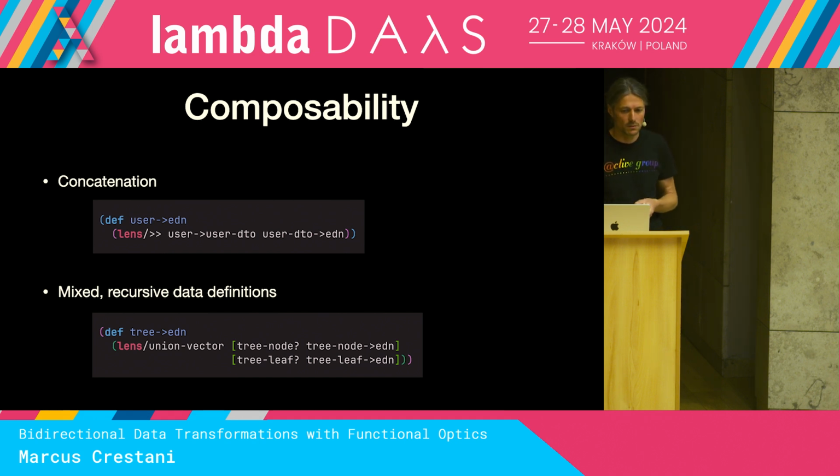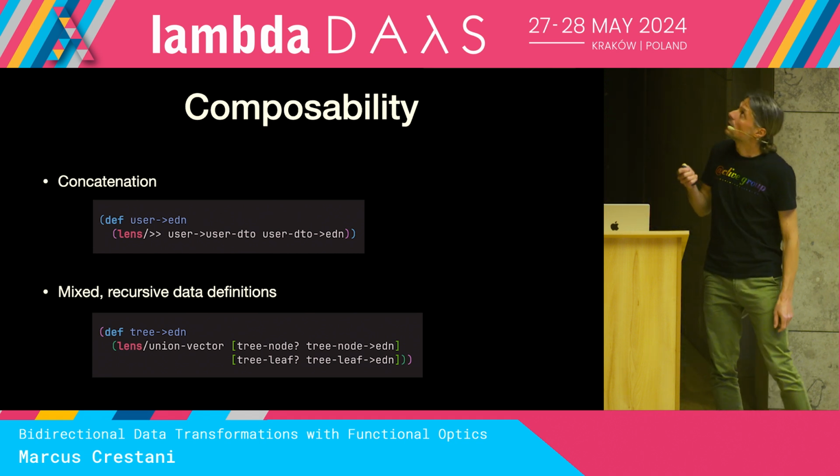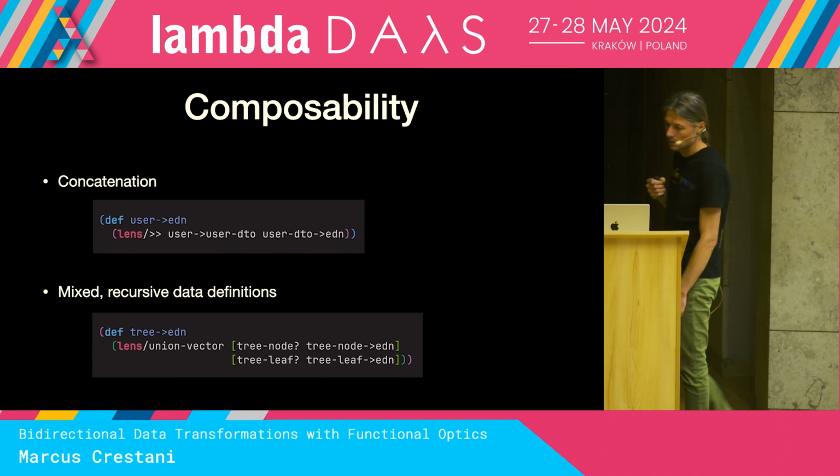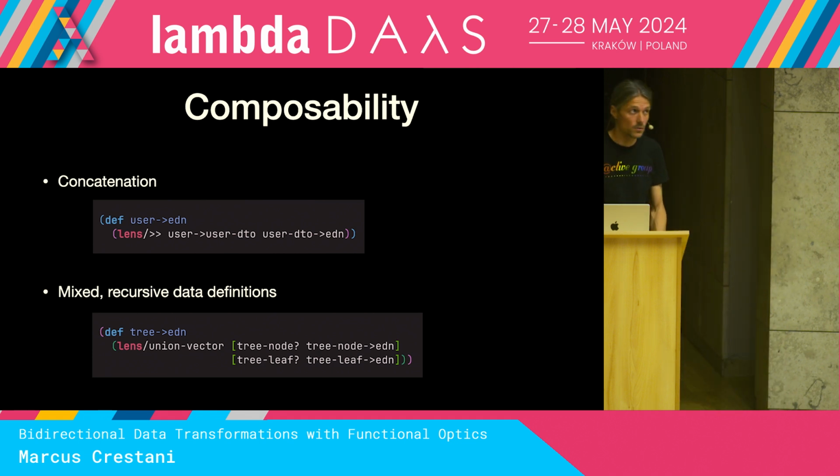Trees that consist of tree nodes and tree leaves, and the nodes contain the trees again. And here we distinguish which lens to choose by using the record predicates. So lenses can express all your transformation needs.